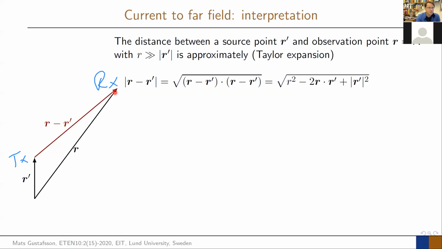If we compute that, we can write the distance as the square root of the product of these two terms. With r minus r prime squared, I multiply it with itself and take the scalar product. It gives r squared, then the inner product between these two, and then the length of this distribution that sits there. This is just an identity, and now I write everything with scalar products.